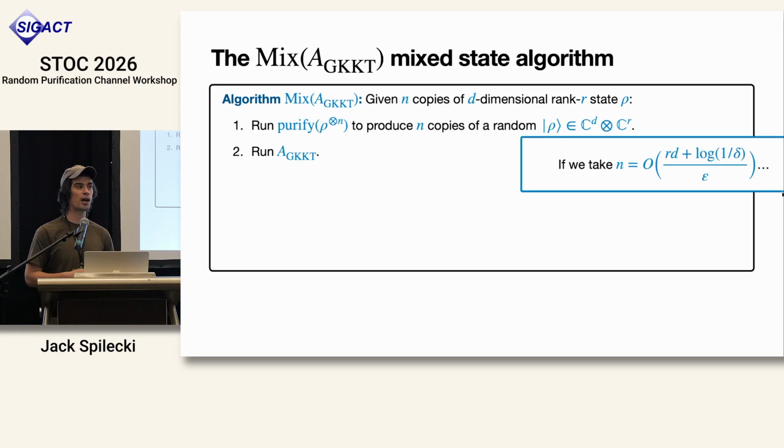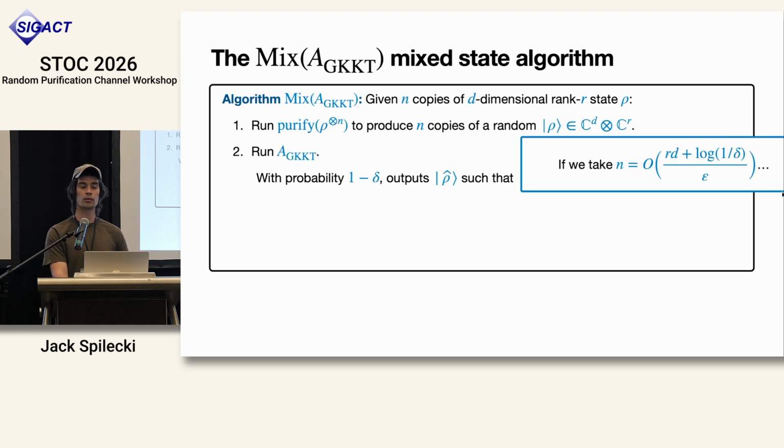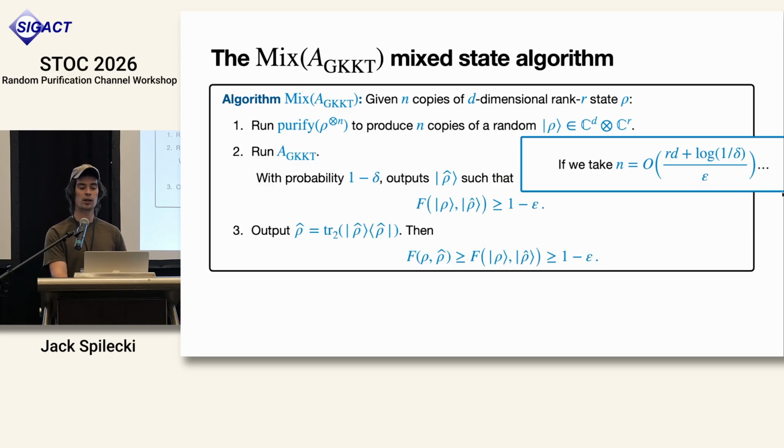Provided you take n to be the sample complexity of learning pure states in this larger Hilbert space, which now has dimension RD, you get a good pure state estimate in the larger Hilbert space, with good fidelity and good success probability. Finally, you trace out the auxiliary register, and because fidelity is monotonic under this tracing out map and only increases, you know for sure that your mixed state estimate will have high fidelity as well.